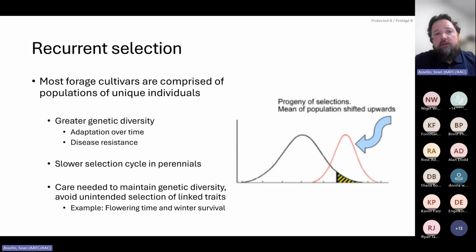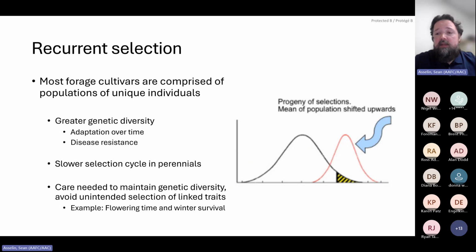Now, another method that we use is recurrent selection. This is where we actually make directed selection for traits of interest, and this is commonly what we do in most forage cultivar development. Forages are distinct compared to a lot of our other crops in that they tend to be comprised of populations of unique individuals.